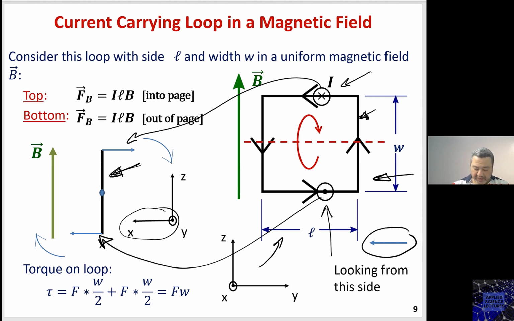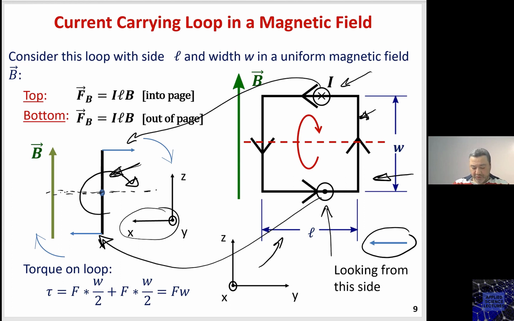So this loop will rotate this way such that it will be oriented like this. Why? Because, as we will see later on, this is its minimum potential energy position, so it will stay at that position.